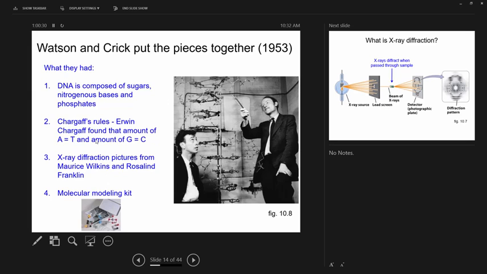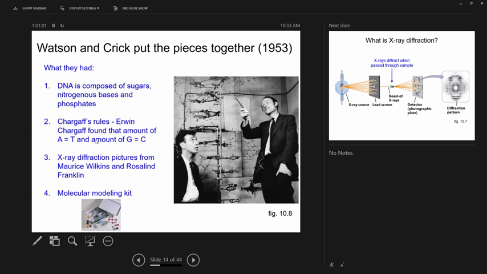Scientists were using a technique called X-ray diffraction, which we're not going to talk about today, but I'll show you later, where they ran a beam of X-rays through a crystal. Just like when you run white light through a prism, it separates out into all the different colors of the rainbow. When you run X-rays or electrons through a crystal of DNA or protein, it gives a diffraction pattern that can be used to interpret things.